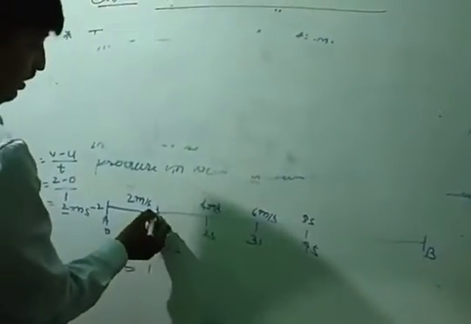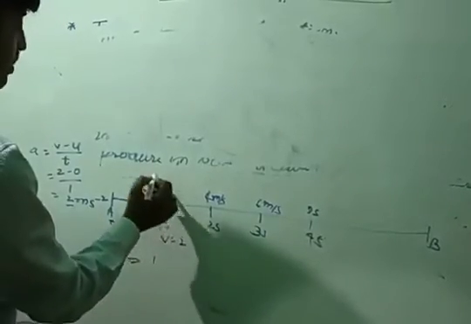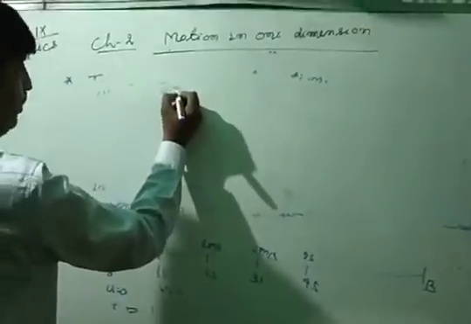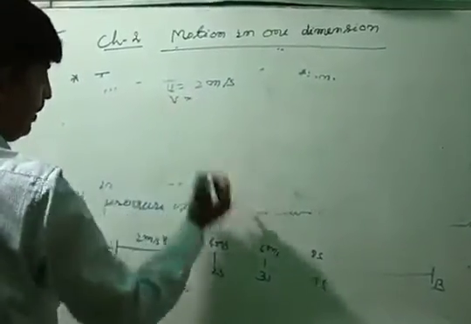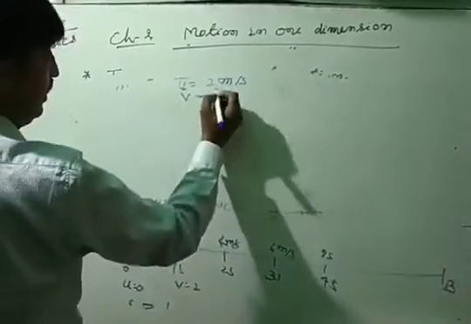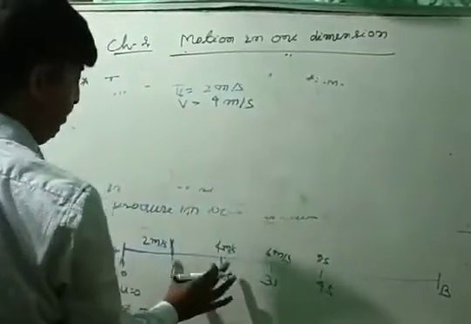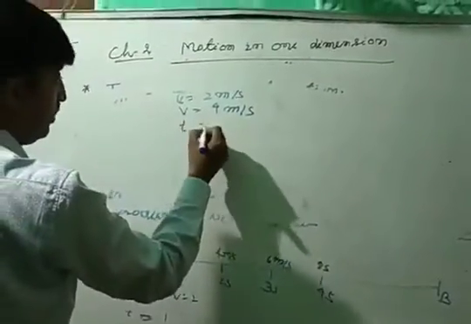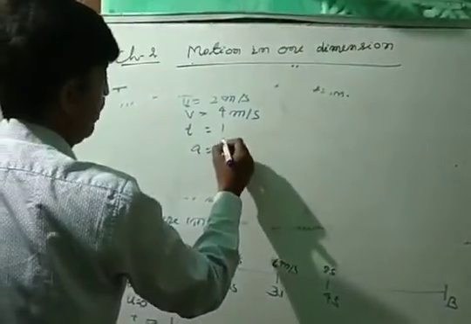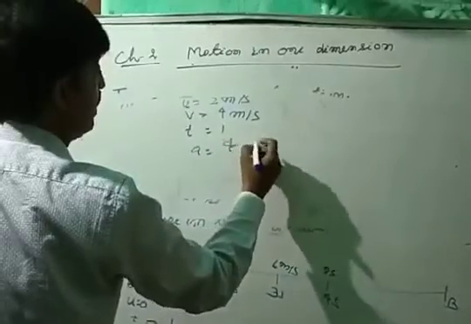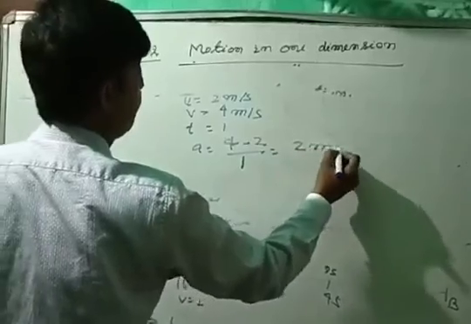If in the second lapse, the initial velocity u at the end of the first second is 2 meter per second and the final velocity at the end of the second second is 4 meter per second, the time interval is 1 second. So the acceleration is 4 minus 2 by 1, which is 2 meter per second square.